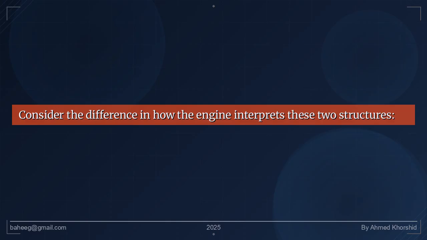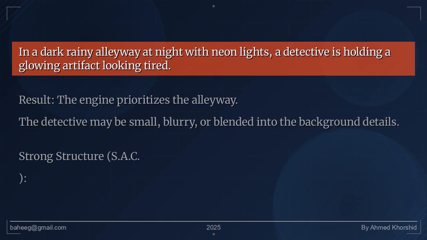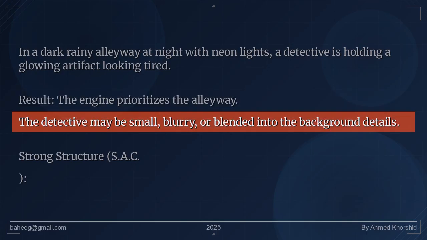Consider the difference in how the engine interprets these two structures. Weak structure, context first: In a dark rainy alleyway at night with neon lights, a detective is holding a glowing artifact, looking tired. Result: the engine prioritizes the alleyway. The detective may be small, blurry, or blended into the background details.